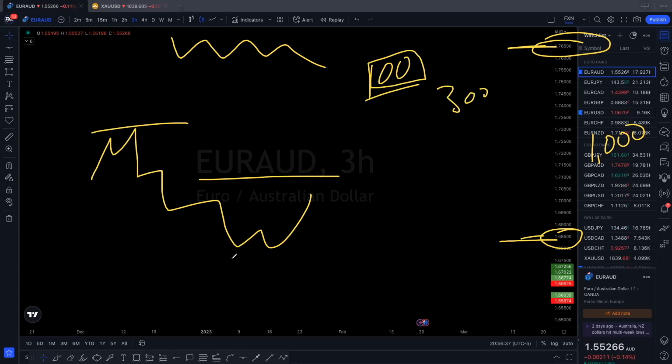So from here to here, you would expect it to be somewhere in the range of 300, with a possibility, if it extends out to 4.5 times ADR, it'll be somewhere around 450 pips or so. Just to keep the math simple. Now, if you're moving from here to here and it's 1,000 pips and you can only move about 300 pips at a time, what does that mean? How do you get down 1,000 pips?